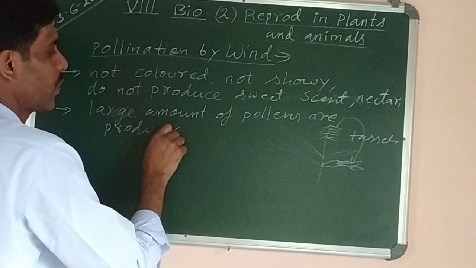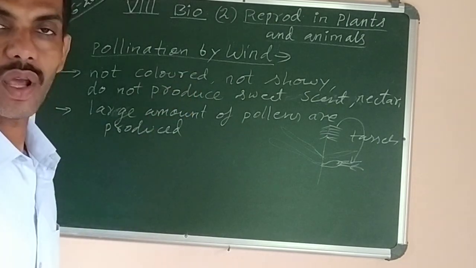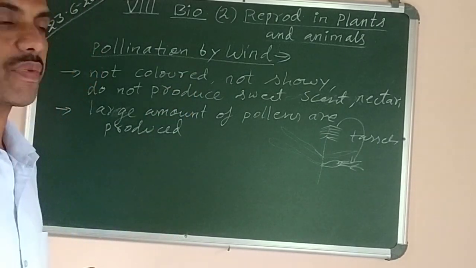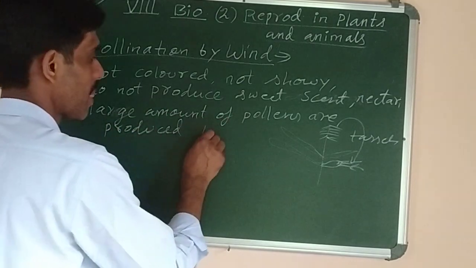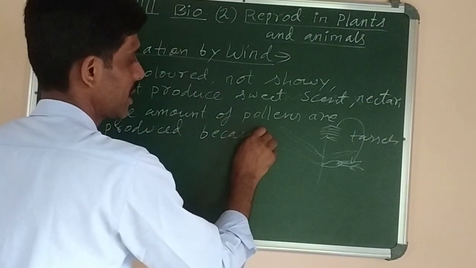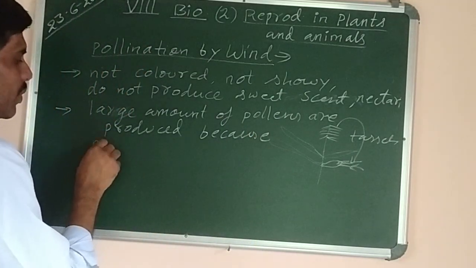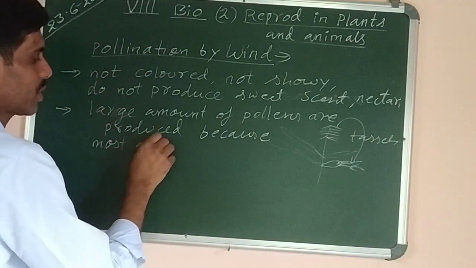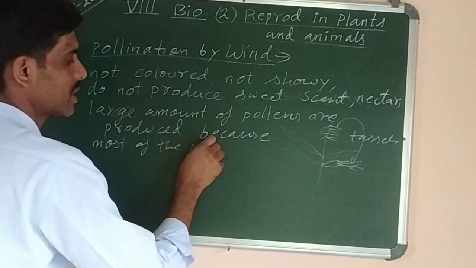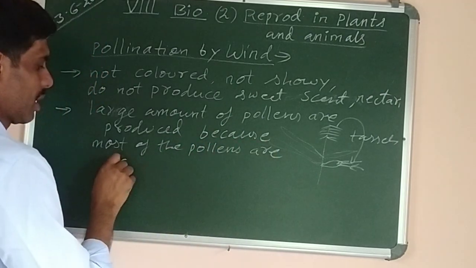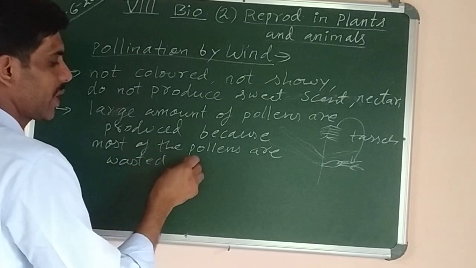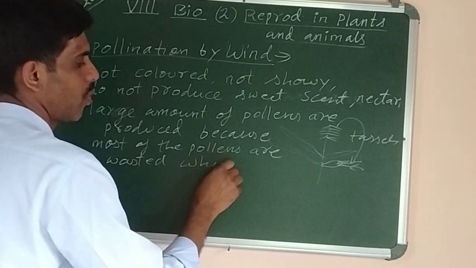Not only in case of wind pollinated flowers, in water pollinated flowers also a large amount of pollen grains are produced, because the reason behind it is most of the pollens are wasted when they are carried by wind.